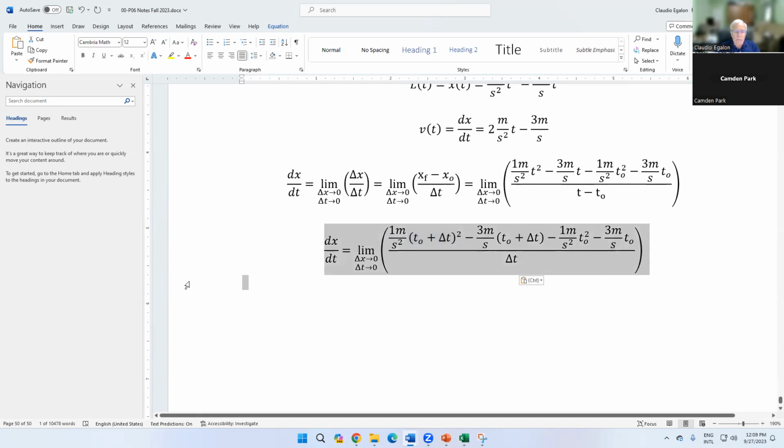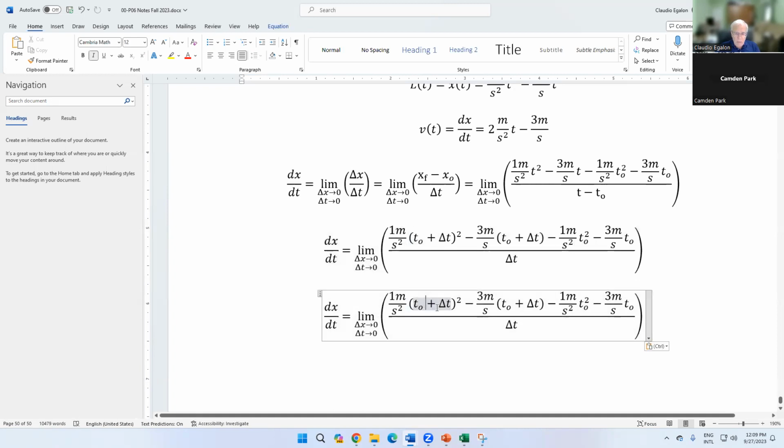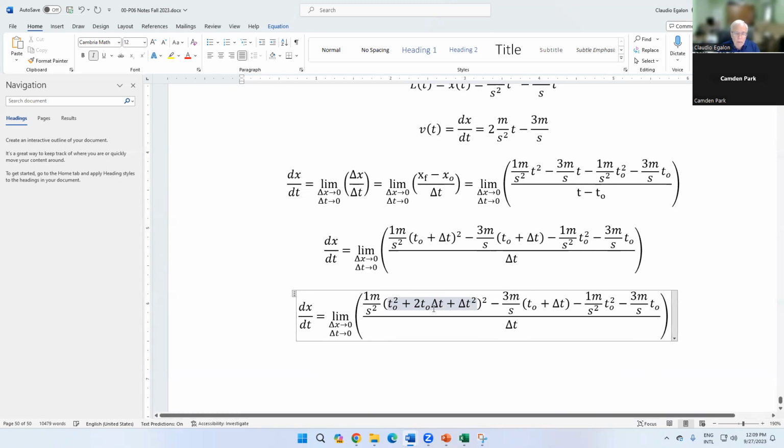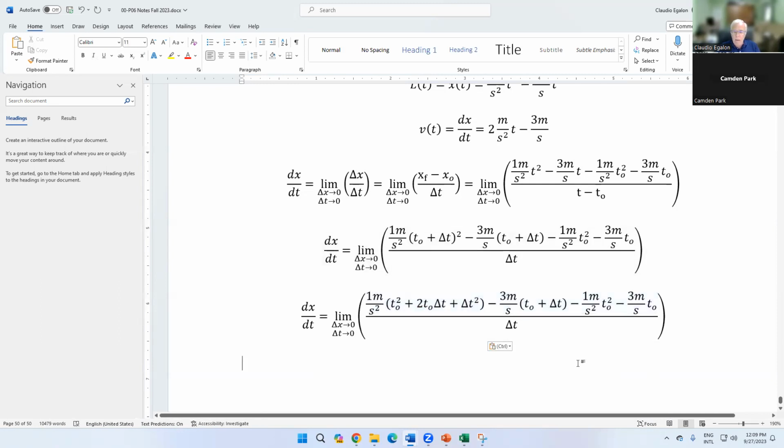Then we're going to do t naught square, 2 t naught delta t. And then we end up with delta t square. Okay, just regular algebra, right?